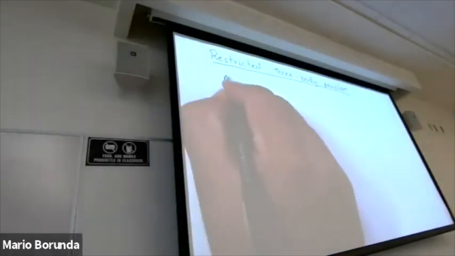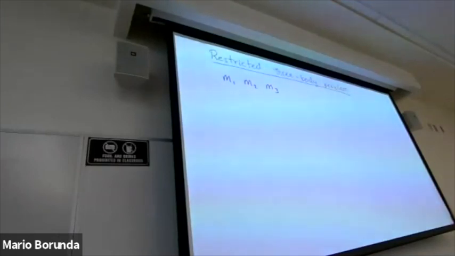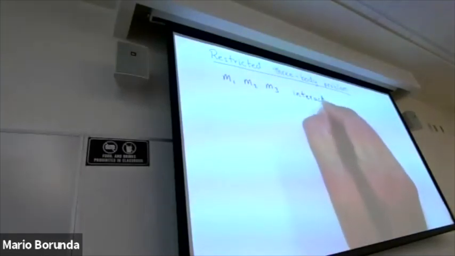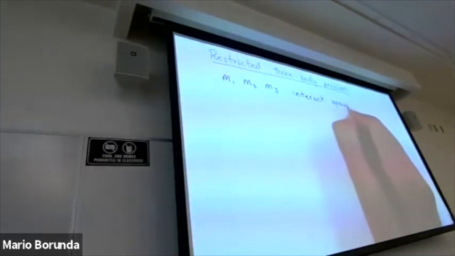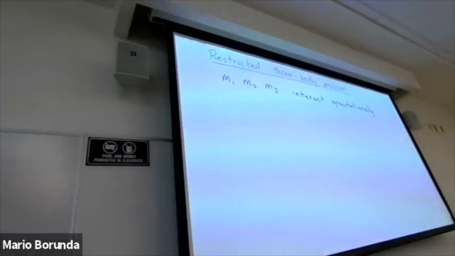So now we have three masses, M1, M2, and M3. They're interacting, let's assume, gravitationally. And again, there's no analytical solution for this problem.